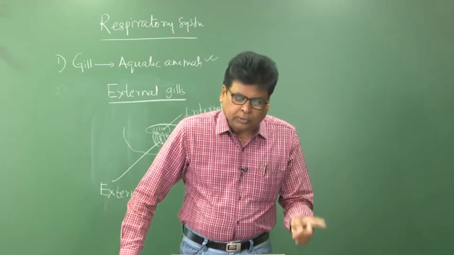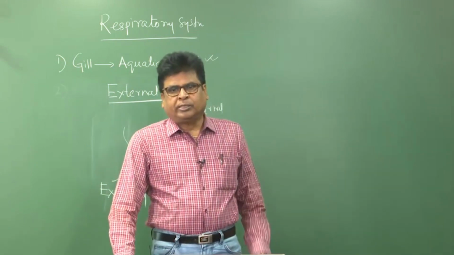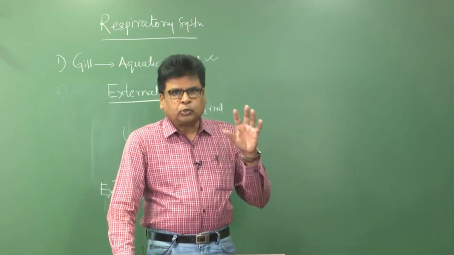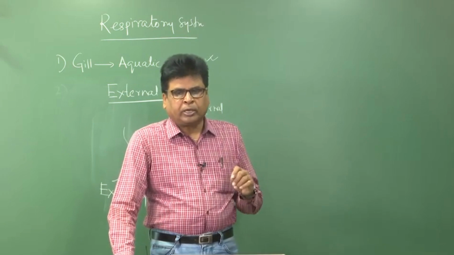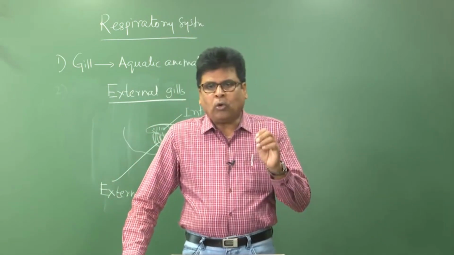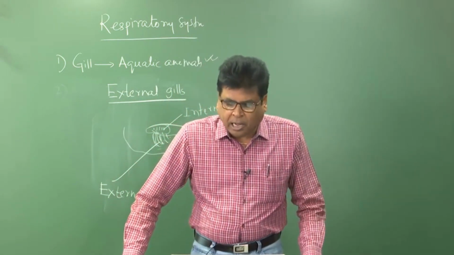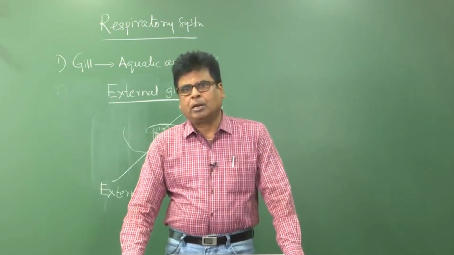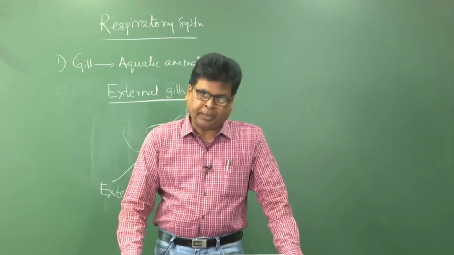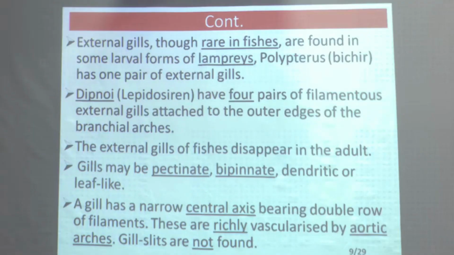In contrast to that, in case of fishes, because you know fishes are aquatic animals, external gills, though rare in fishes, are found in some larval forms of lamprey, and larva of Polypterus has one pair of external gills. In them the gills are present. Again we know about the dipnoi. We know the dipnoi are known as lungfishes.